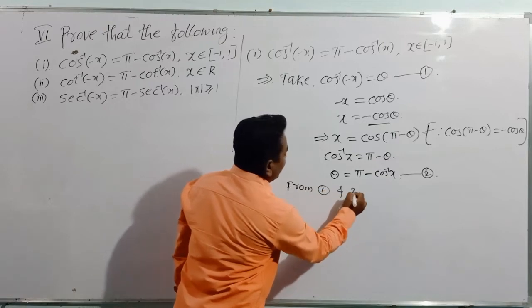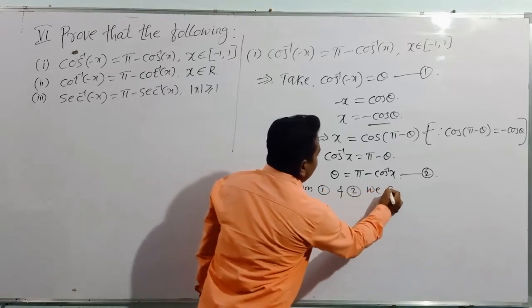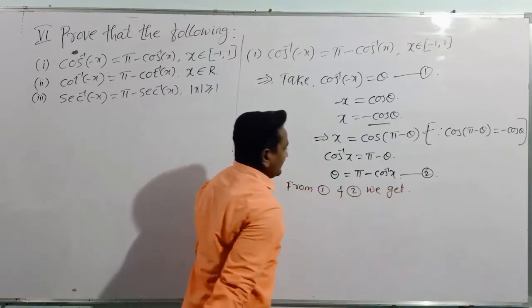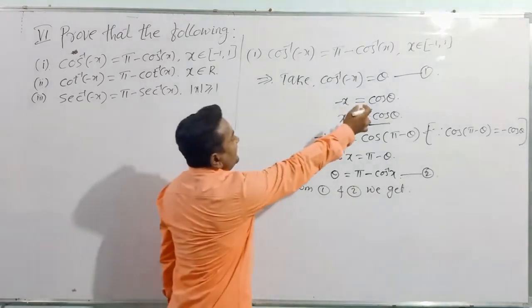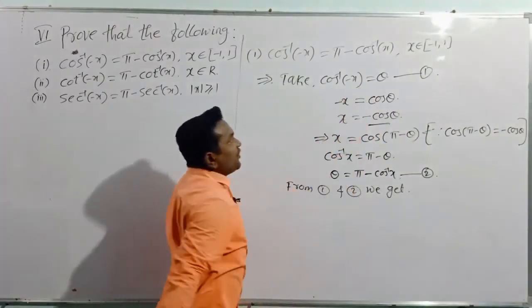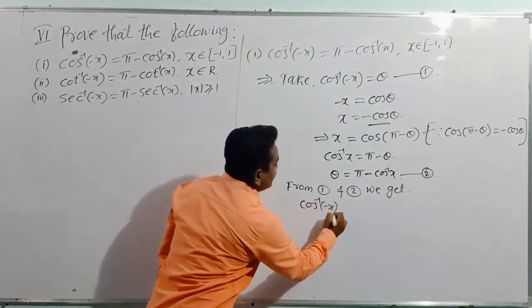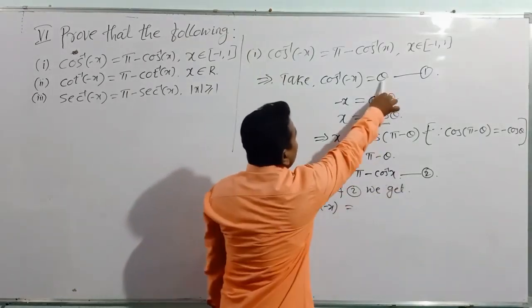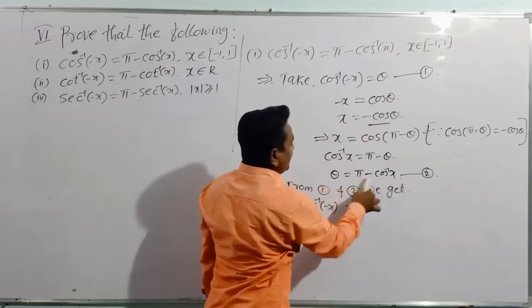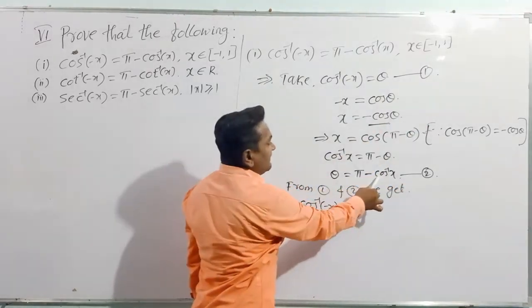From 1 and 2 we get: see equation number 1, the LHS is cos inverse of minus x, which equals theta. See equation number 2, the theta value is pi minus cos inverse x.